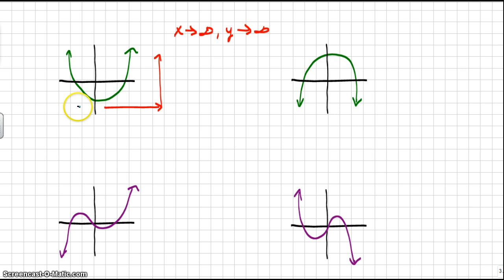And likewise, if I pick some really small number for x, I'm still going to get a really big number for y. So with the quadratics, it doesn't matter which way your x is going. Your y still approaches positive infinity. And this is a positive quadratic.